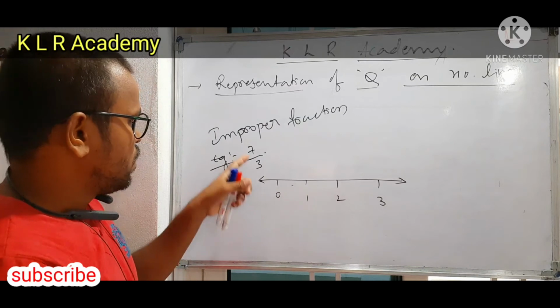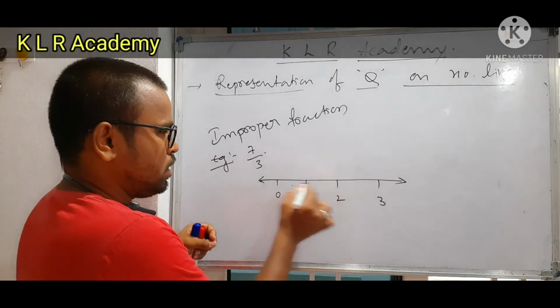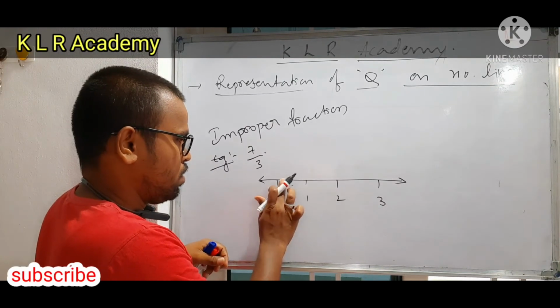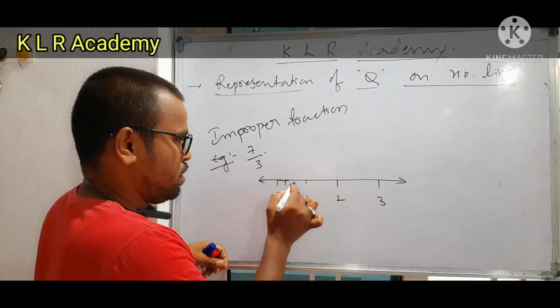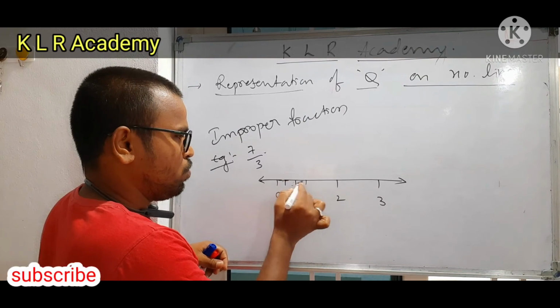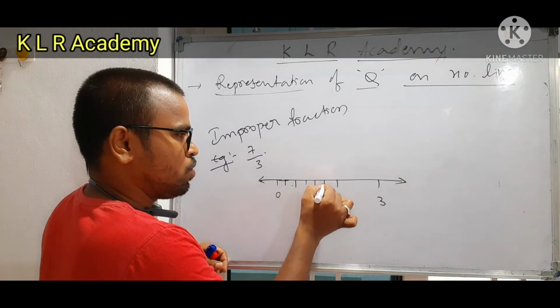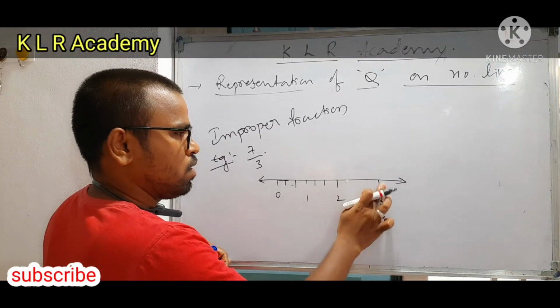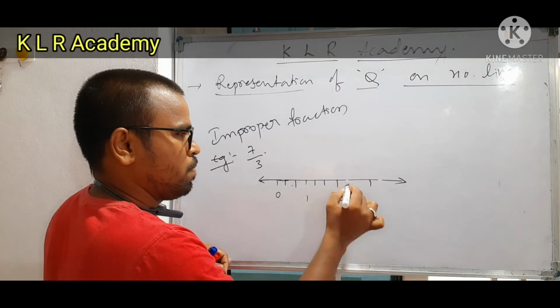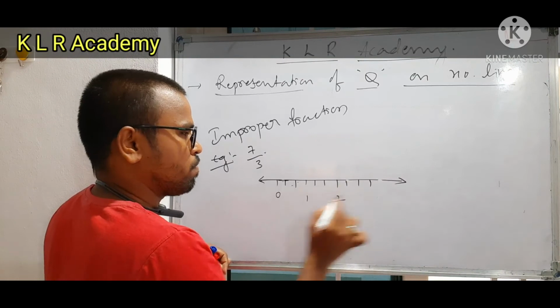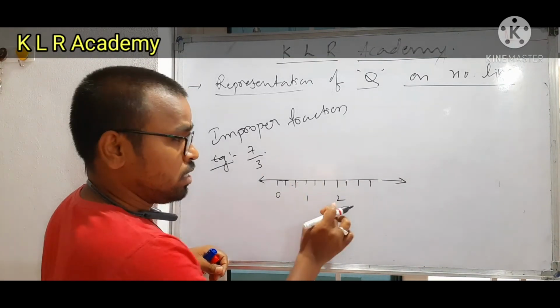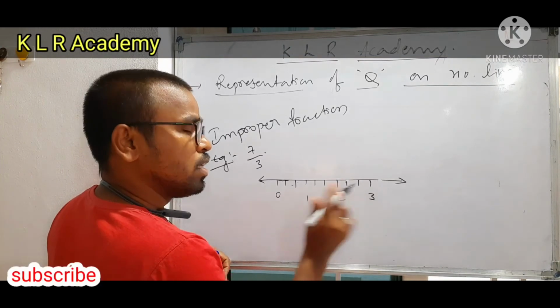So divide each part into 3: each of 0 to 1, 1 to 2, 2 to 3 into 3 parts. So every number from 0 to 1 has 3 parts, 1 to 2 has 3 parts, 2 to 3 has 3 parts.